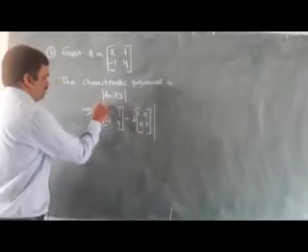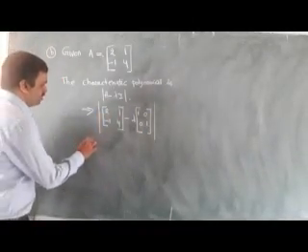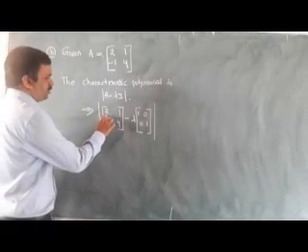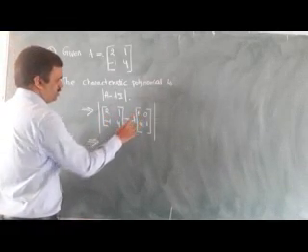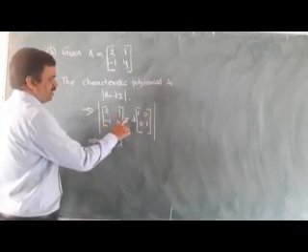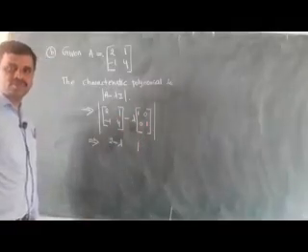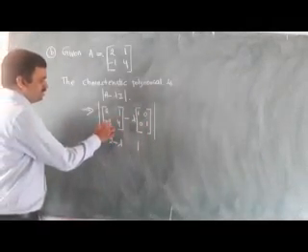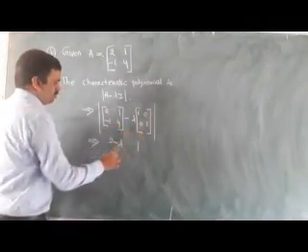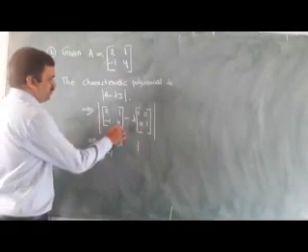We have to find the determinant. Simplify it: 2 minus lambda, 1 minus lambda times 0 is 0, minus 1 minus lambda times 0 is 0, minus 1 gets, and 4 minus lambda.